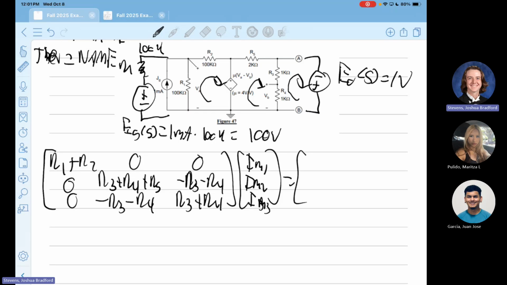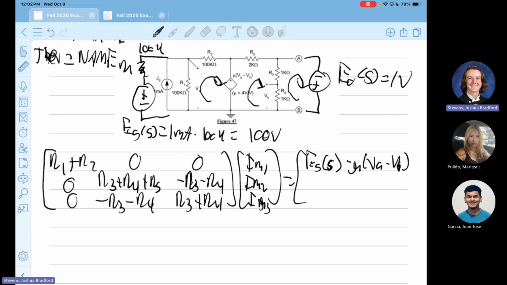What are these sources in mesh 1? What is the polarity of mu VA, mu VB? I agree.